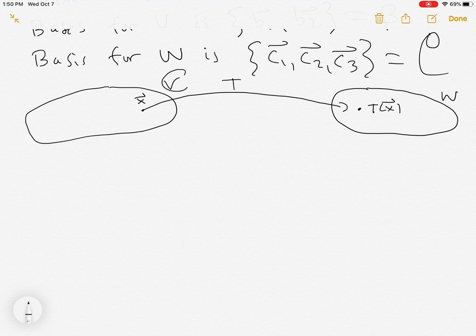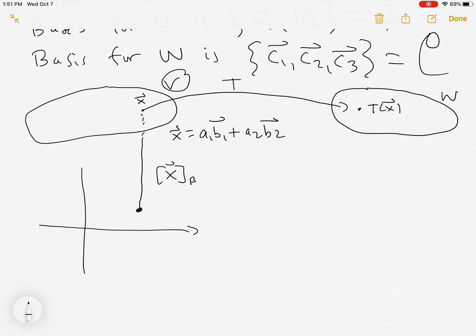The dimension of this vector space is 2. So if you look at the coordinate vector for this x, let x be a1 b1 plus a2 b2, just some random vector defined by its basis vectors, a linear combination of the basis vectors. When you take its coordinate vector with respect to the basis B, it puts it in R2.